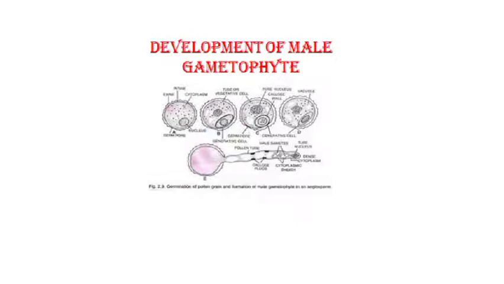Later on, the generative cell and vegetative cell both migrate along with the cytoplasm into the pollen tube, and at the base of the pollen tube a callus plug is formed.